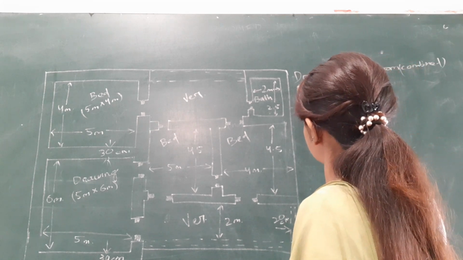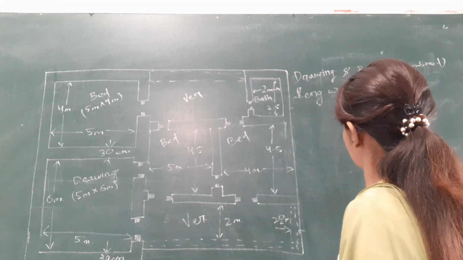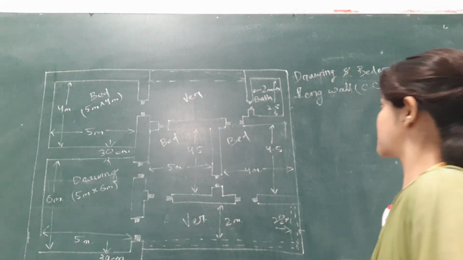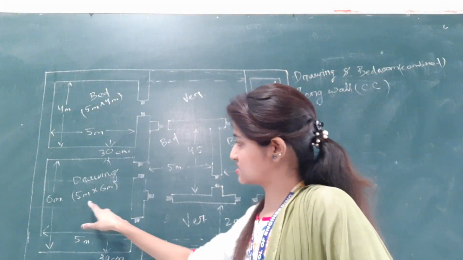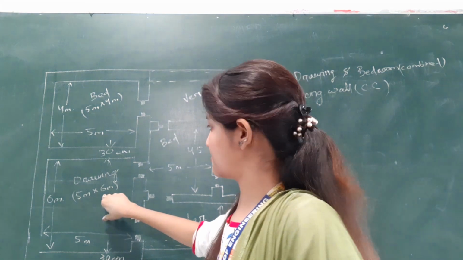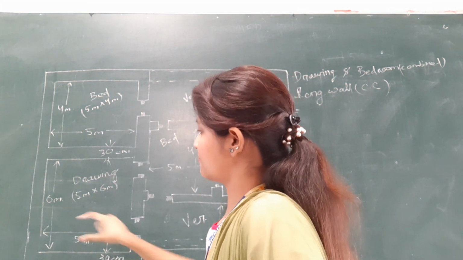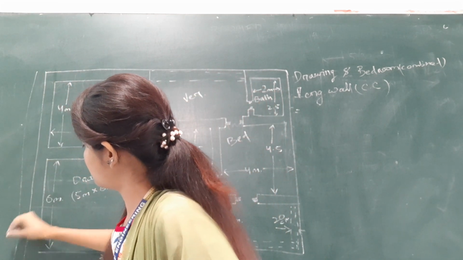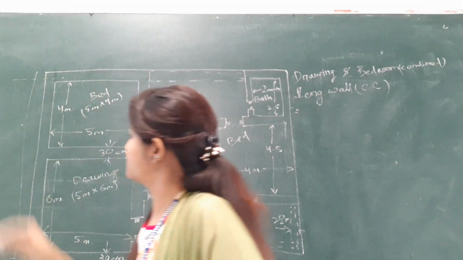So at first we have to calculate the long wall center to center length. See, this is 5 meter into 6 meter, and this is 5 meter into 4 meter. This is the long wall area, and we have to calculate in center to center.